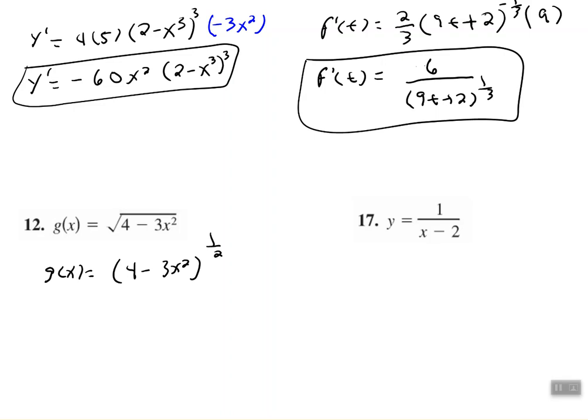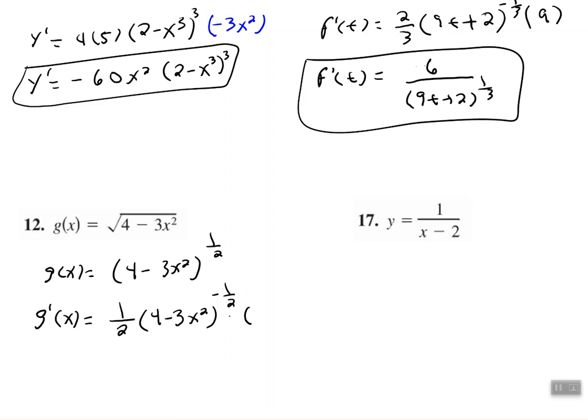And then once you write it in exponential form, you want to use your chain rule. So the power rule first. Subtract 1, which is the same thing as subtracting 2 over 2. And then multiply that times the derivative of 4 minus 3x squared.